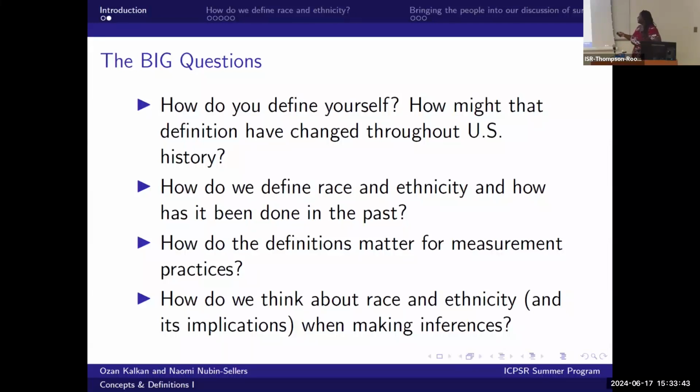So we'll think some about how definitions matter for measurement practices, which I think underlay many of the courses that you've heard some of my colleagues talk about previously, but also to think carefully about race ethnicity and its implications when making inferences in our own work, regardless of discipline.